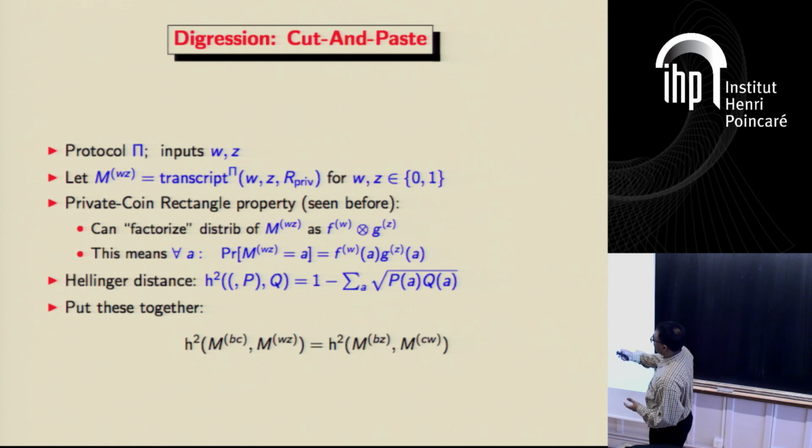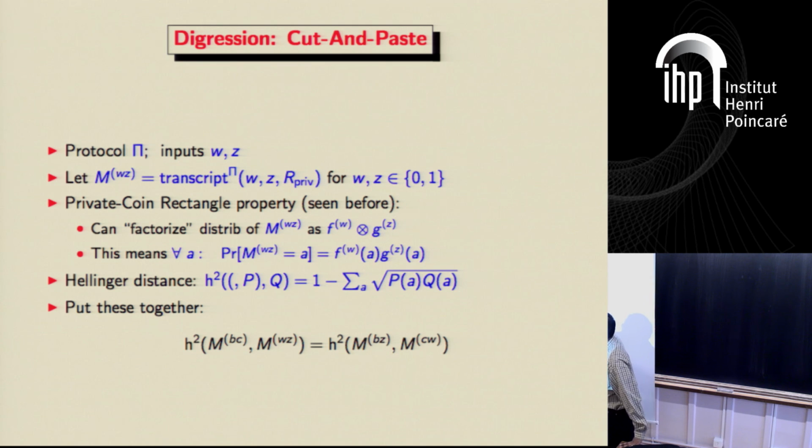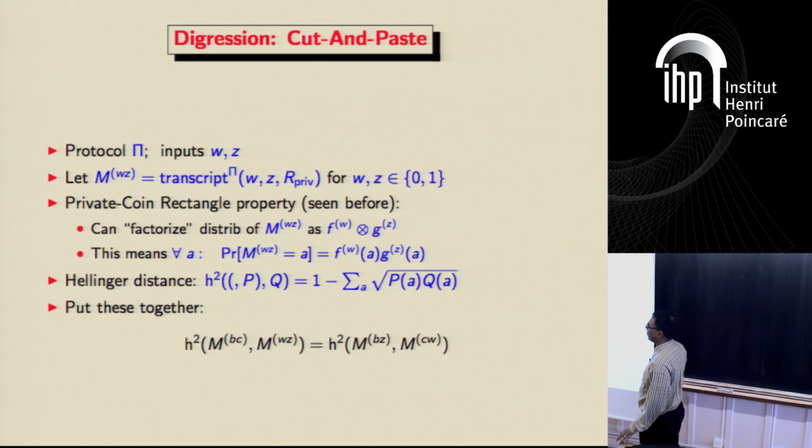This will factorize as some function depending only on Alice's input, and some function depending only on Bob's input. So something dependent on W, something dependent on Z. Something got badly messed up here; they should be just P comma Q. I don't know why these extra parentheses came up, but anyway.